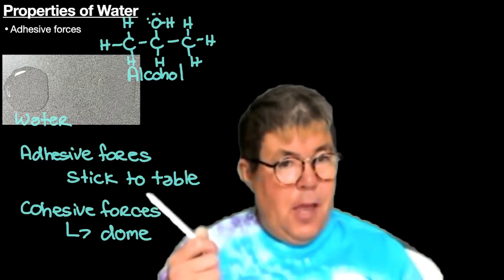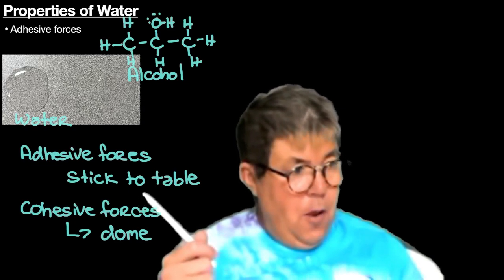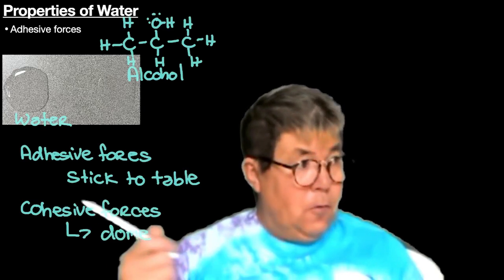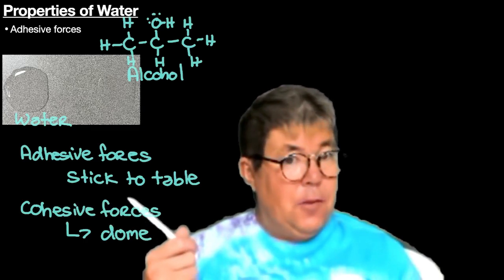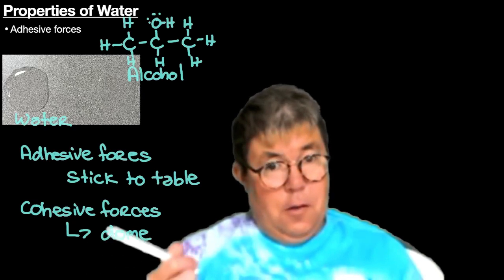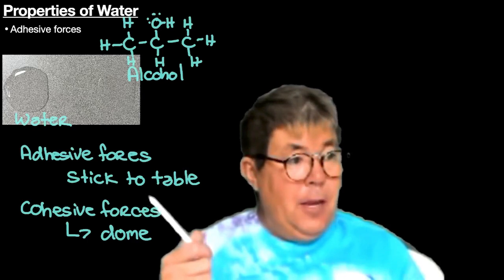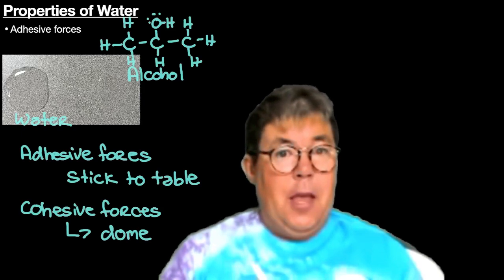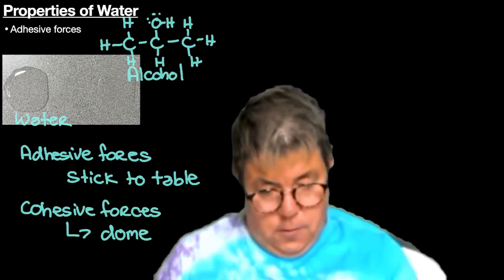In the second part of the experiment, you are going to add water drops on top of a penny and add paper clips into a glass of water, also to demonstrate these kinds of forces. Be sure when you are explaining the results that you explain them in terms of adhesive and cohesive forces.